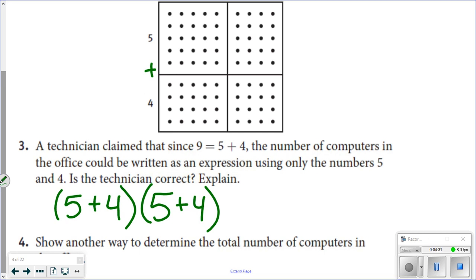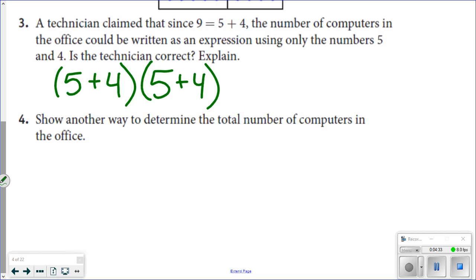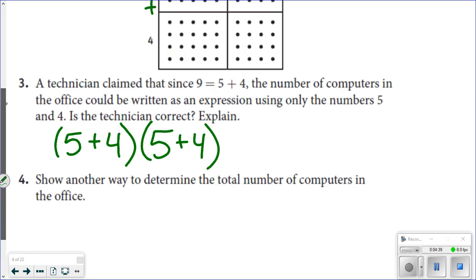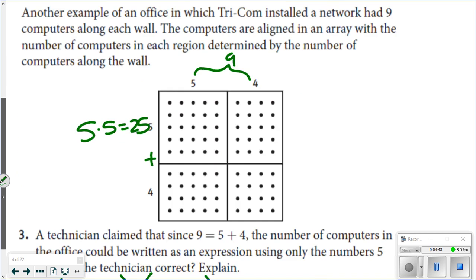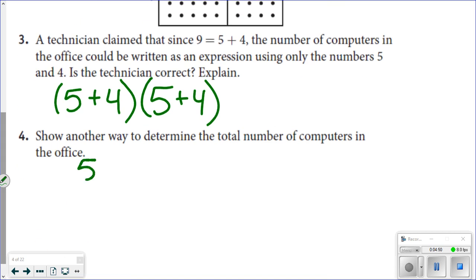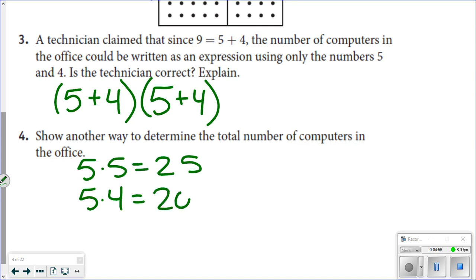Well, another way to come up with the total number of computers is to count each of the 4 boxes. So this first box would be 5 times 5, which is 25. The next box is a 5 by 4. The other box is a 4 by 5.